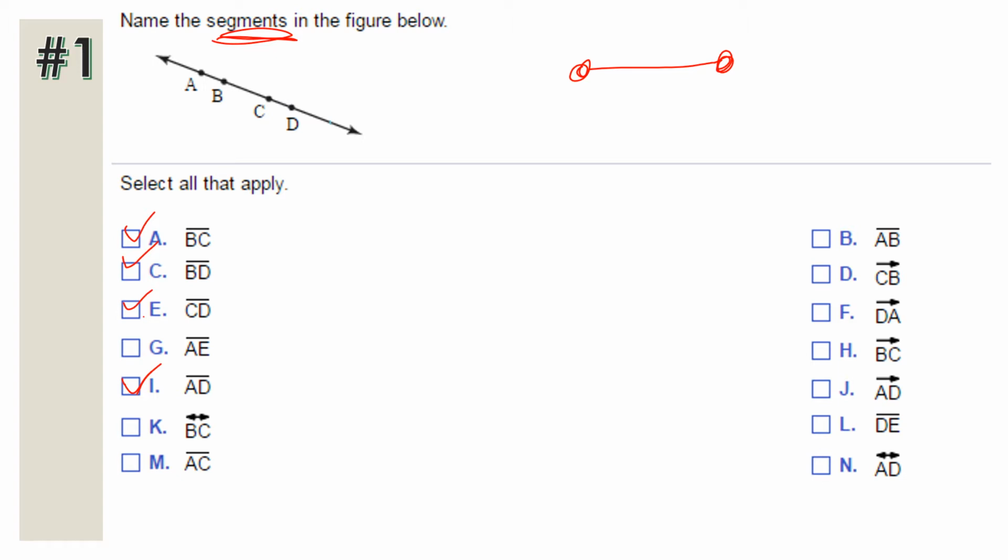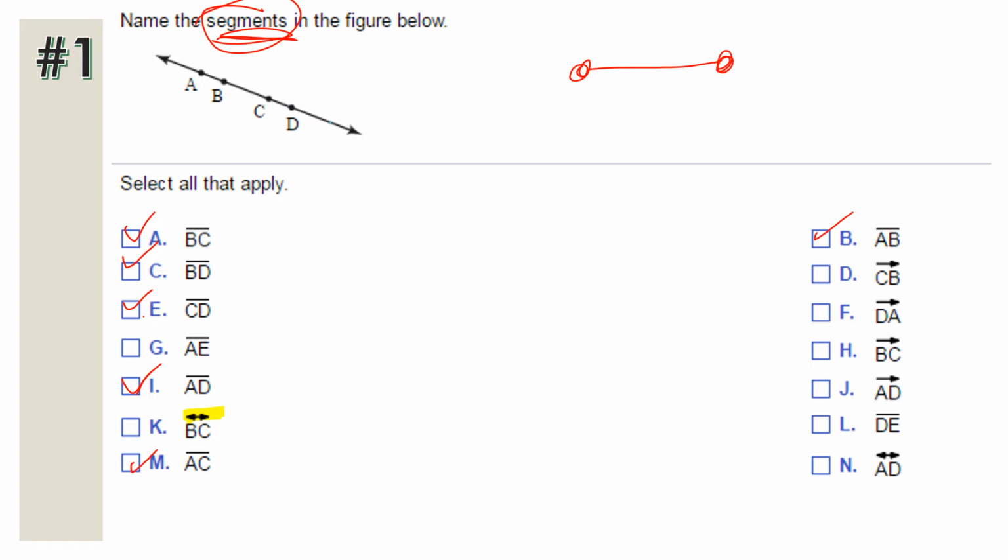Option K is giving us BC, line BC. So that won't work because it is actually a line, and we're asking for segments. So line segment AC would work, line segment AB would work.